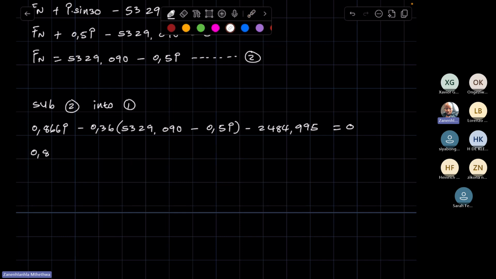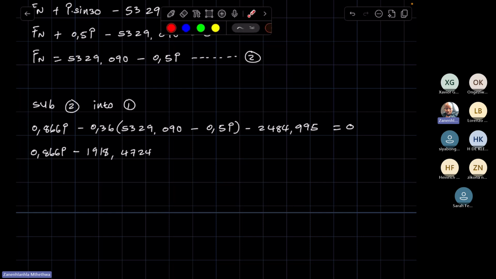So we'll have 0.866 P. Now in getting rid of the parentheses, we say the negative 0.36 times this. So negative 0.36 times the 5329,090. I'm getting here negative 1918,4724.